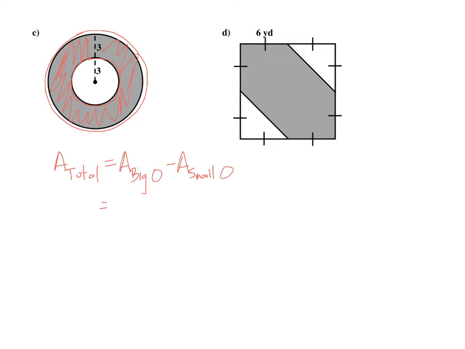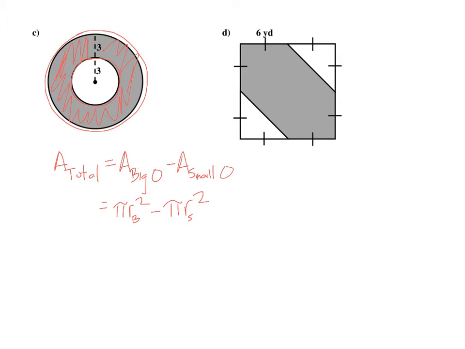All right, so we have pi r squared. I'll put a little subscript here, b for the big circle, minus pi r sub s squared.